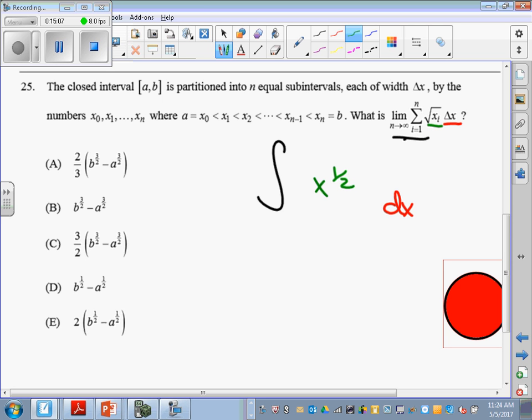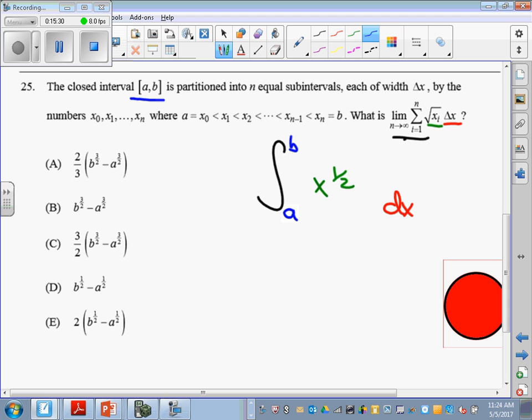But what are the bounds for that, right? From A to B. A to B, because that's the interval, right? So we're going from A to B. So all I have to do is just copy that. And then we just do it, right? Everything is kind of there. Everything is hidden in plain sight for you.